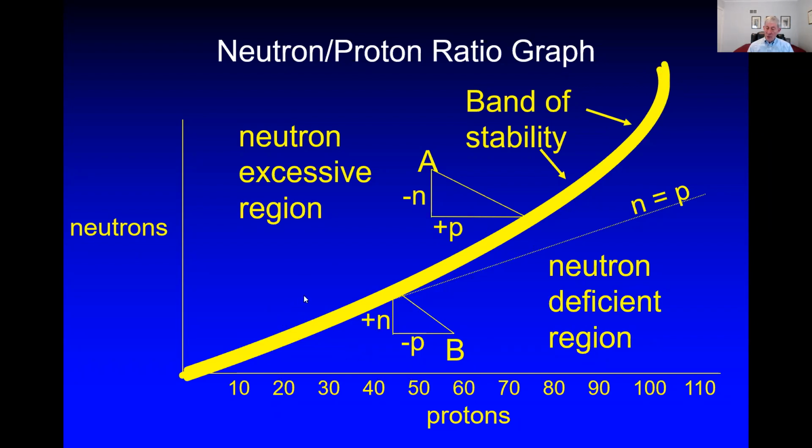The neutron proton ratio goes up. Here, it might be 1.1. Here, it might be 1.2, 1.4, 1.5. Here, the neutron proton number might be 1.6. So it's gently sloping upward.